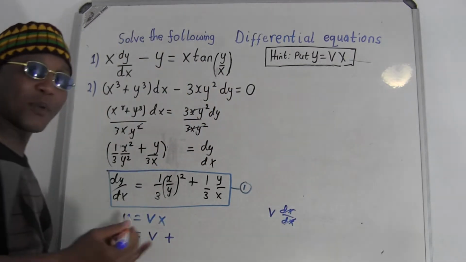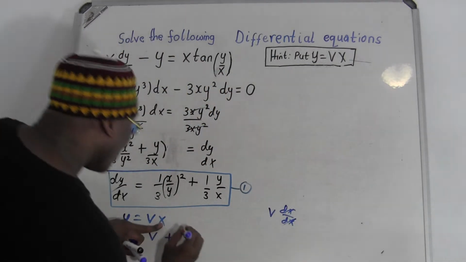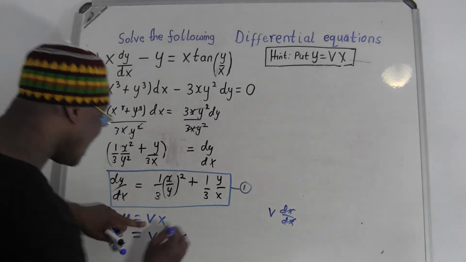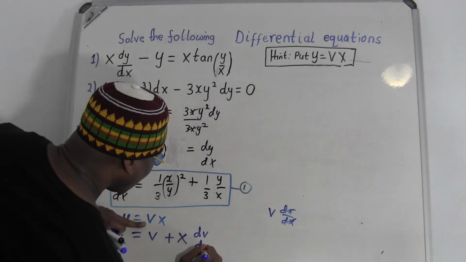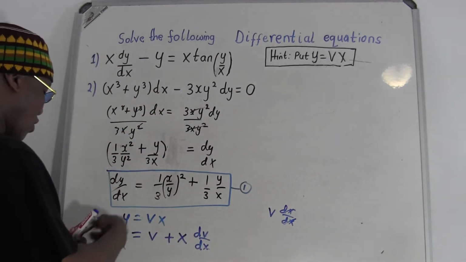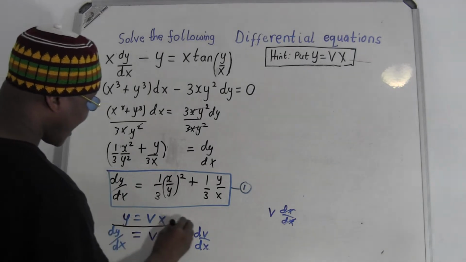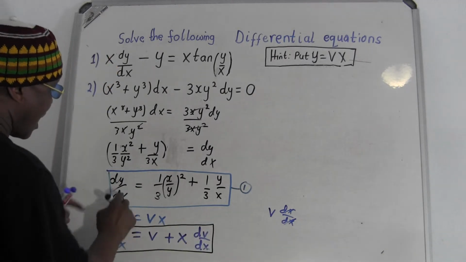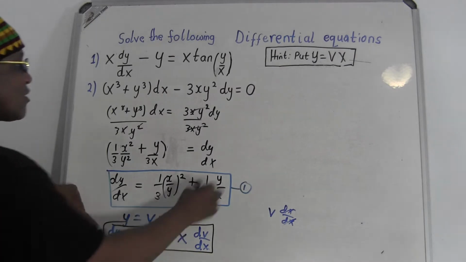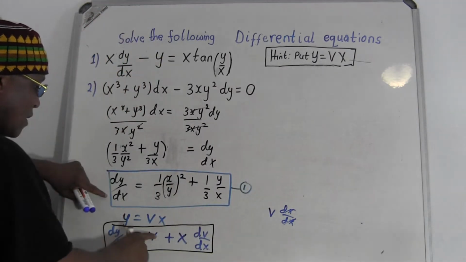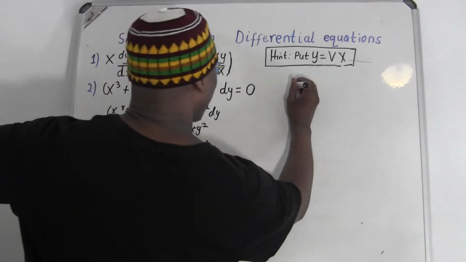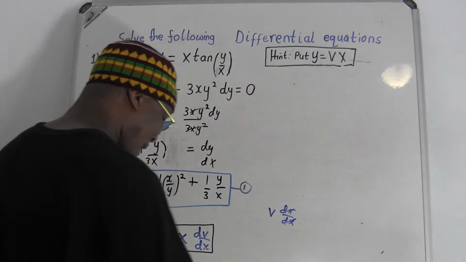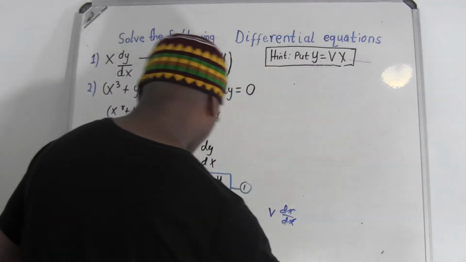By dx and dx is going to be 1, so that's why I write v. And now x is going to be constant, differentiate v with respect to x is going to be dv over dx. Okay? So this stuff here I'll replace here. dy over dx is going to become v plus x dv over dx.